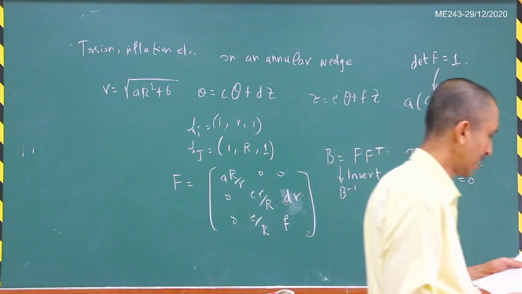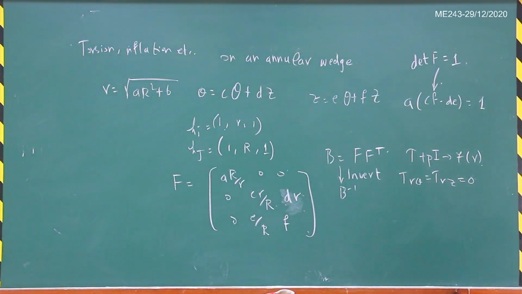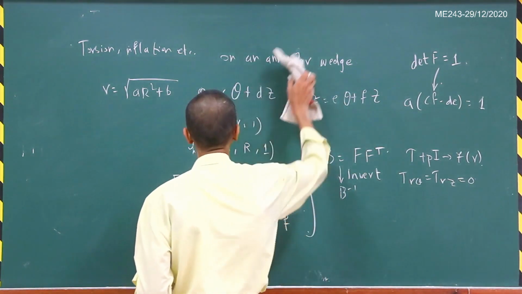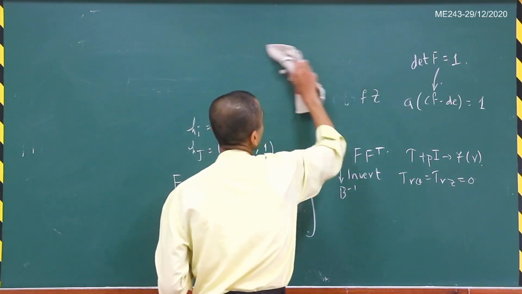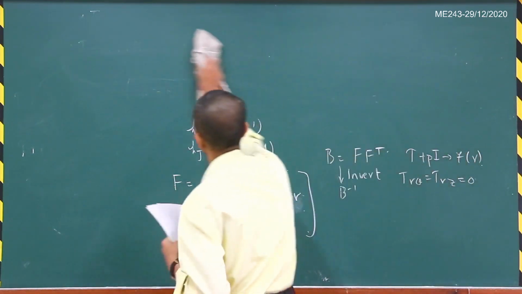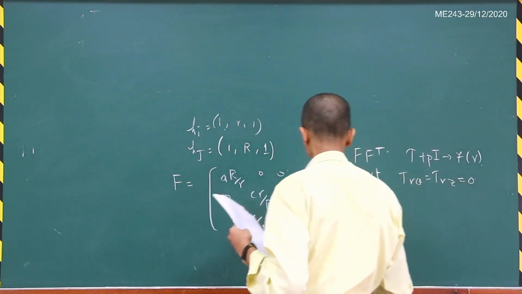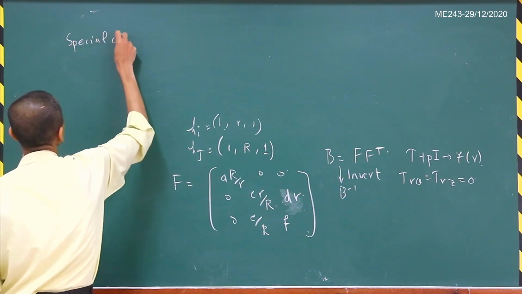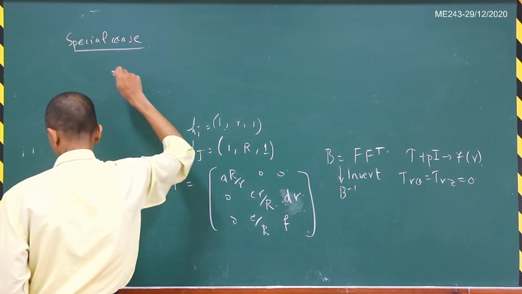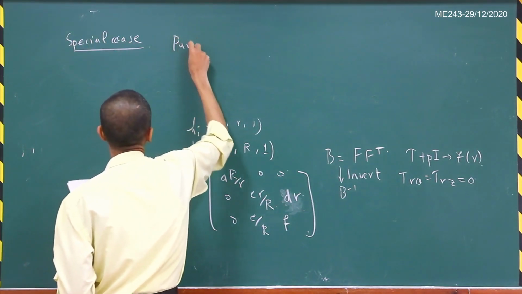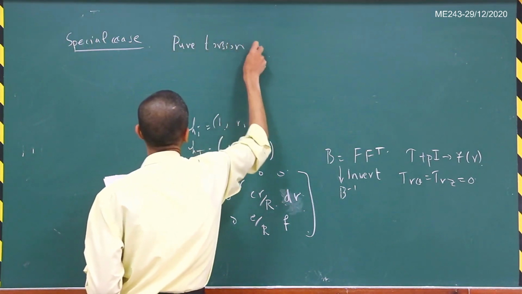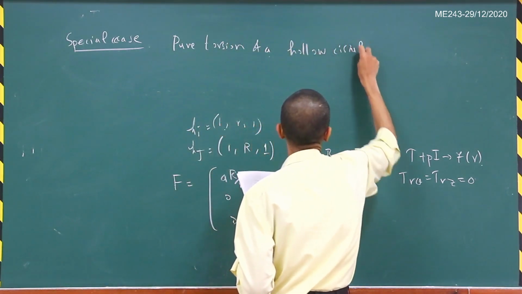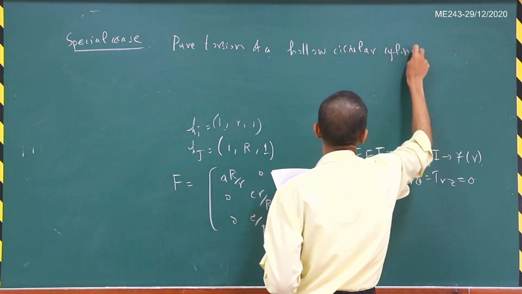The special case is that of a pure torsion of a hollow circular cylinder. Let us look at that.